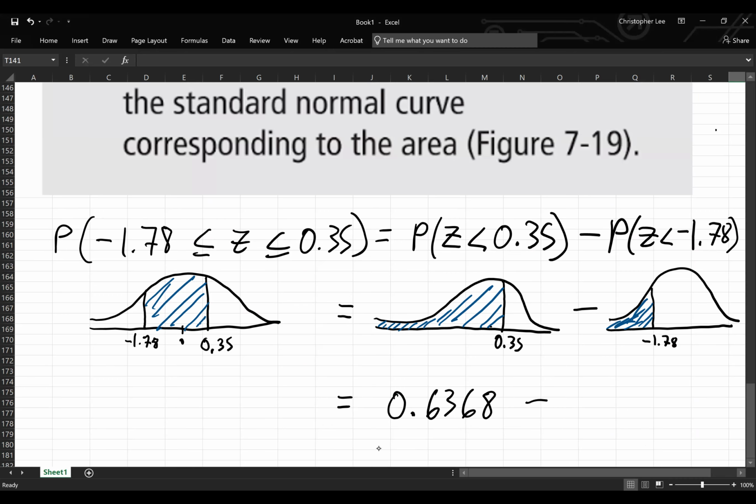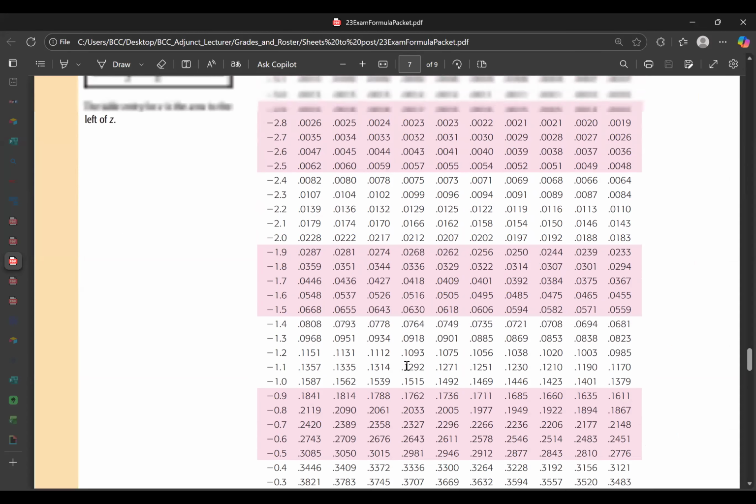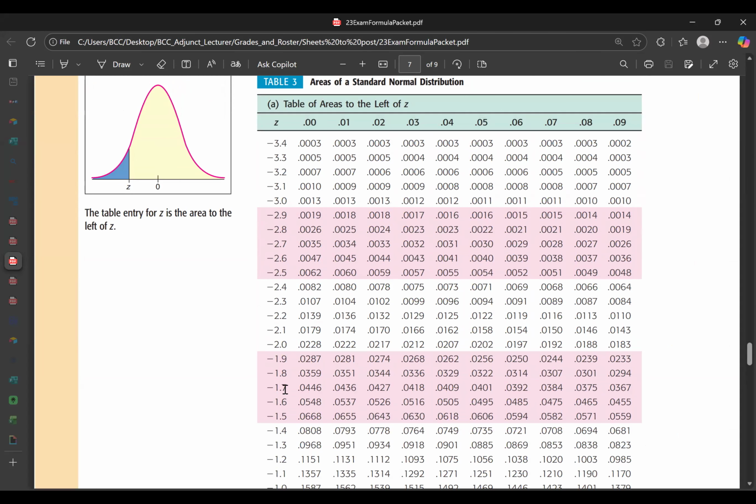So I got 0.6368 minus. Now I'm gonna look up the negative 1.78. Be careful, that's the other side of the table, where the negative numbers are. I go up to where negative 1.7 is, and go to the 8. Yeah, it's 8.